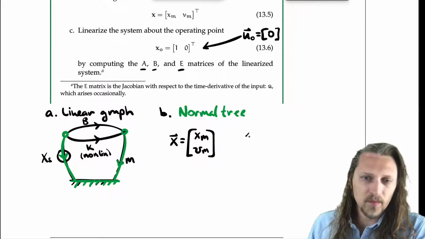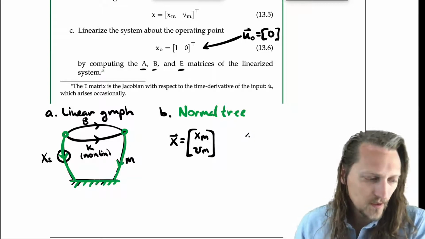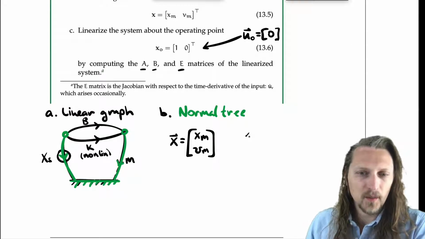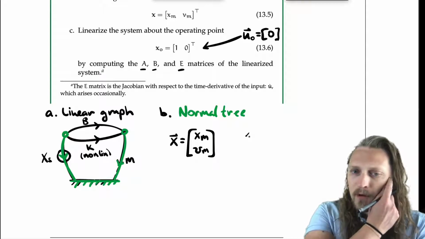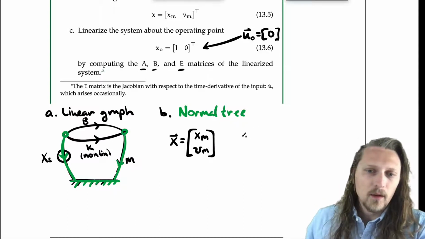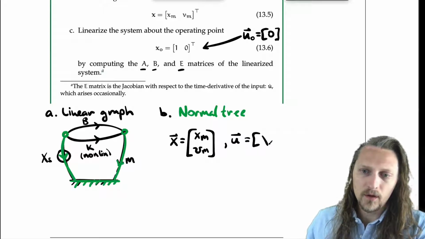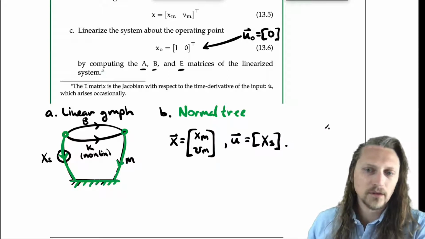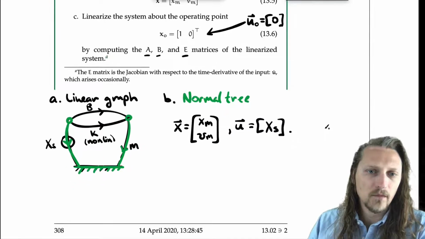I did this to keep things mathematically nice, but it was also suggested by the common practice of using position and velocity of a mass for state variables. We didn't mention an output, so we're just looking for the state vector. The input is just going to be our position source. So that's pretty much that.